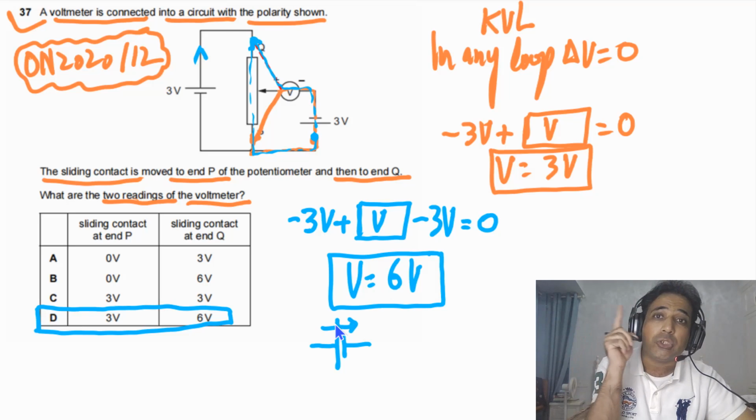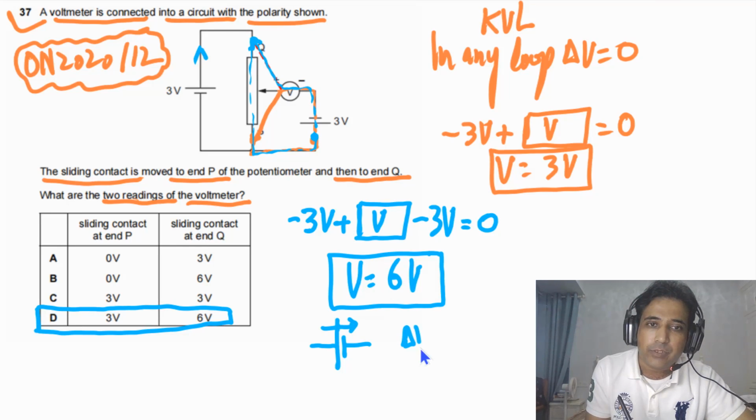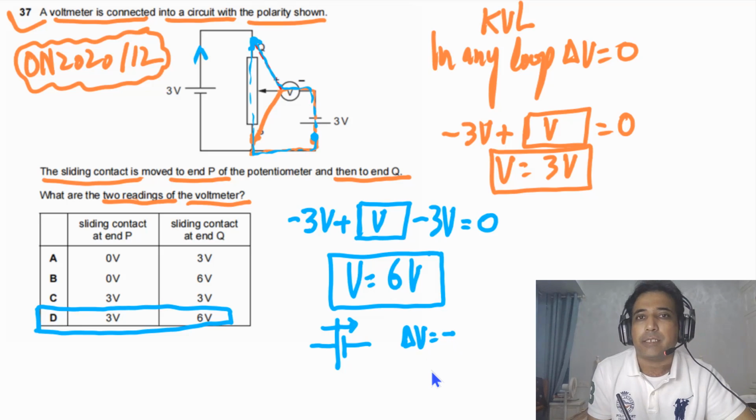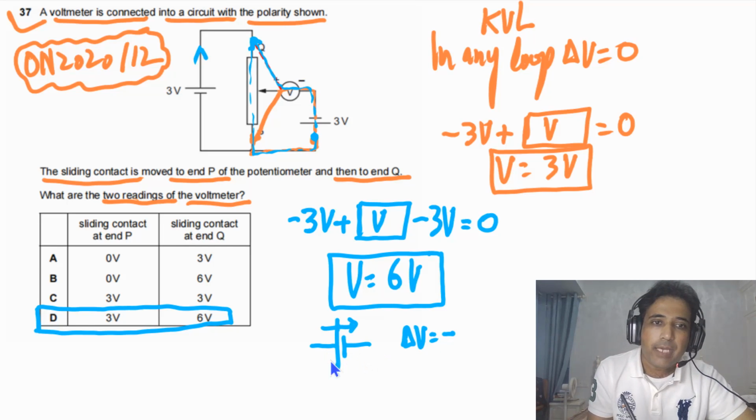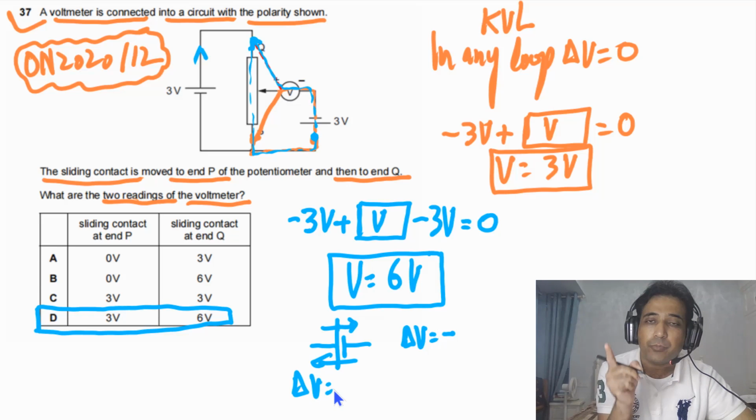So the change in potential, delta V, has to be negative. And if we go this way, delta V will be positive because the potential increases.